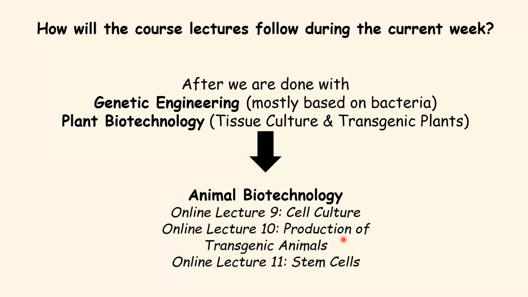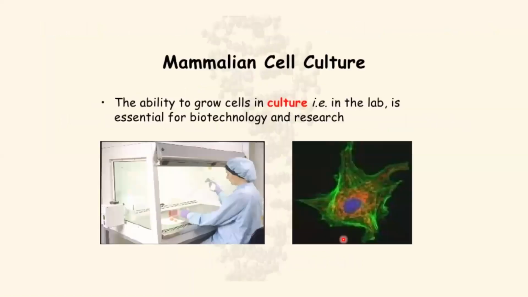So without any further delay, let's start today's lecture about cell culture. If we talk about mammalian cell culture, again, this lecture is mostly emphasized on bacterial and mammalian cell culture, because plant cell culture we had discussed in detail in plant tissue culture.